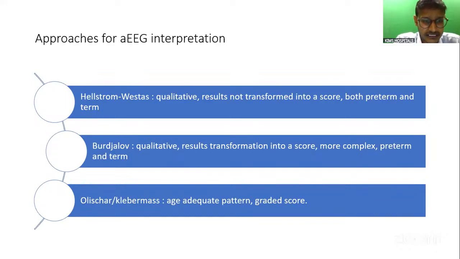There are a few other scales as well, but they are a bit more complex to comprehend and a little time taking. So most commonly used is Hellstrom-Westers, and there is now significant evidence that it has very good sensitivity to monitor the cerebral activity.